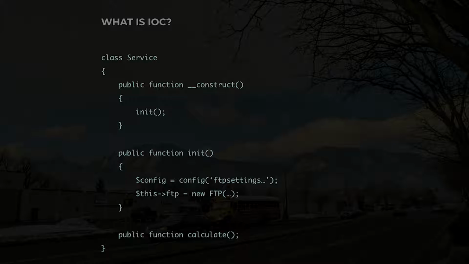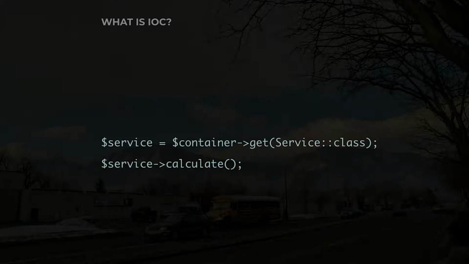So we see a constructor which calls an init function, which does some magic to set up the class, right? A better way to do this would be to use a service container.